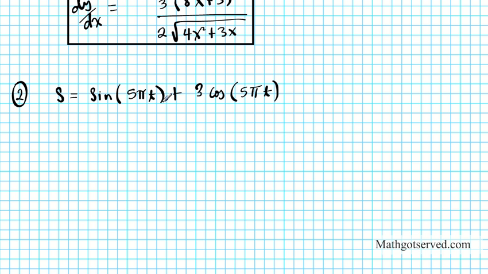So the independent variable is t in this case, and the dependent variable is s. So we're going to be computing ds/dt. ds/dt equals the derivative of the outer function, the derivative of sine. The derivative of sine is cosine.